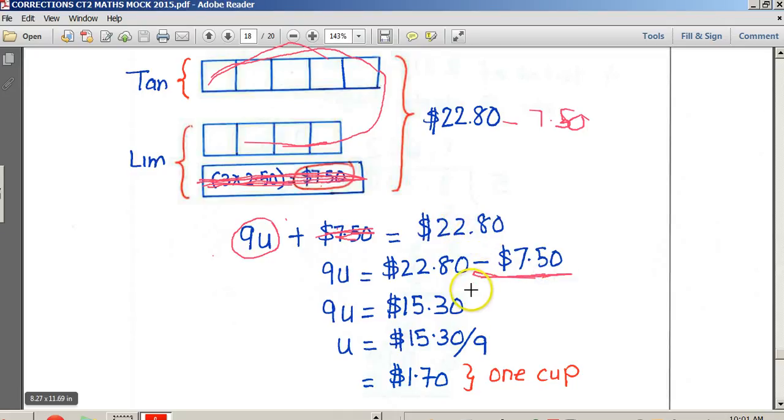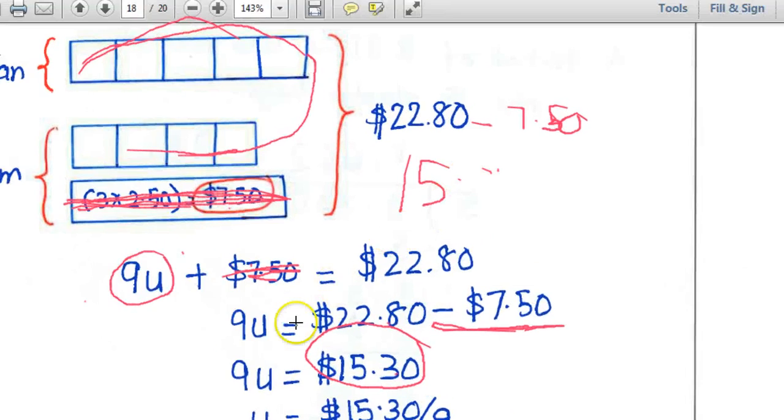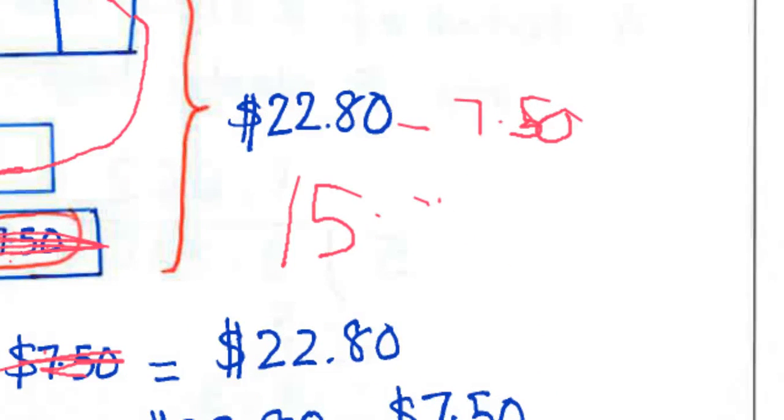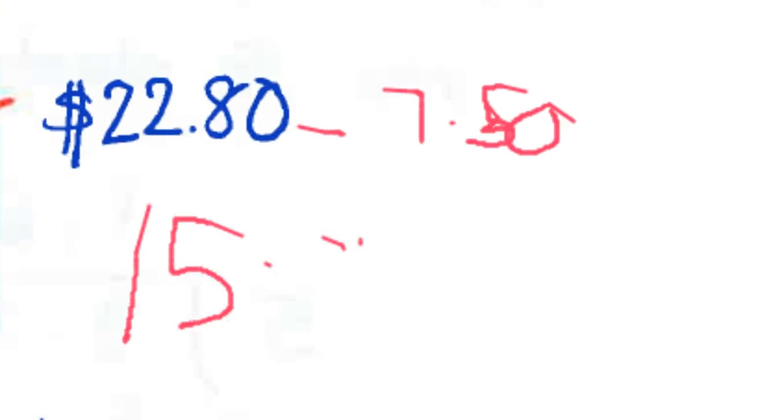So I have 2280 minus 750, which is 1530. Sorry about that, I always get it wrong.